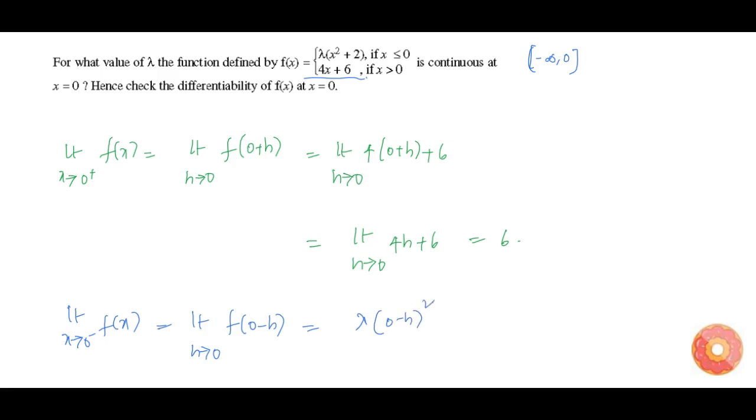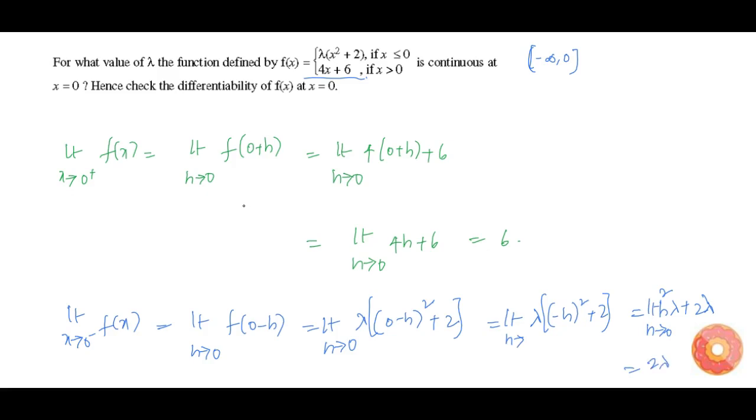Lambda into 0 minus h whole square plus 2, which is equal to lambda into minus h square plus 2, which is h square lambda plus 2. Now here lambda is outside the brackets, therefore this becomes h square into lambda plus 2 lambda. Now apply the limit h tends to 0.